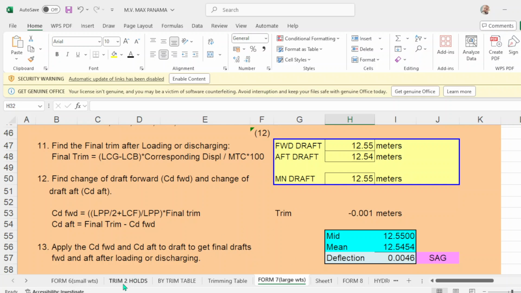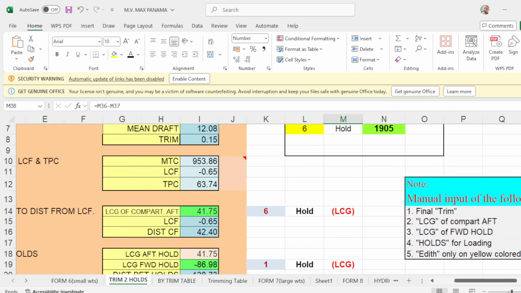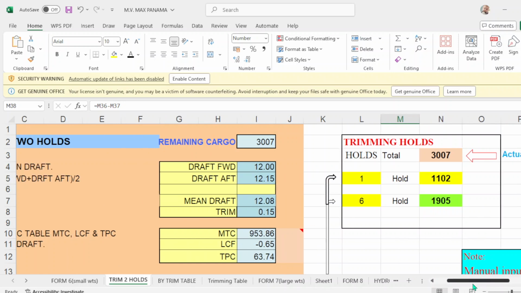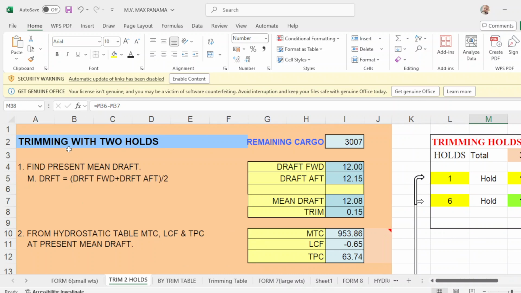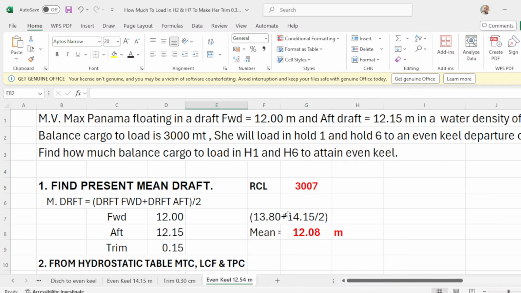Now let's start with trim hold 2. I'll go up and explain this one further with every number, 1, 2 until departure. And I made this one into Excel, which is this one. Okay.